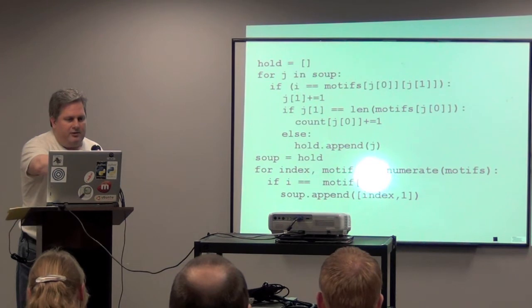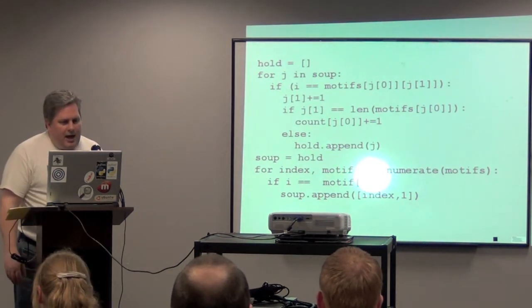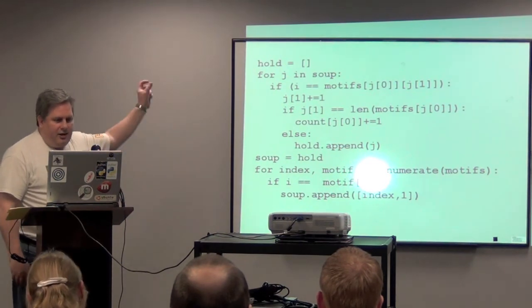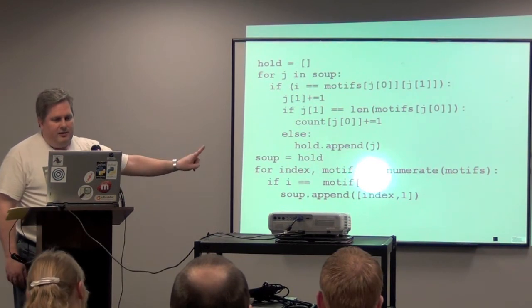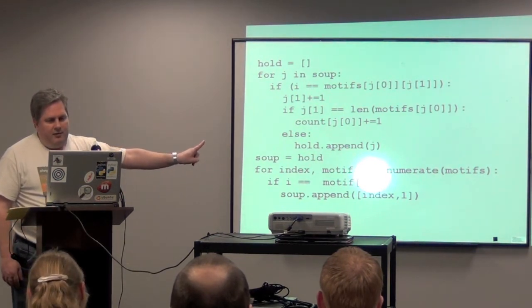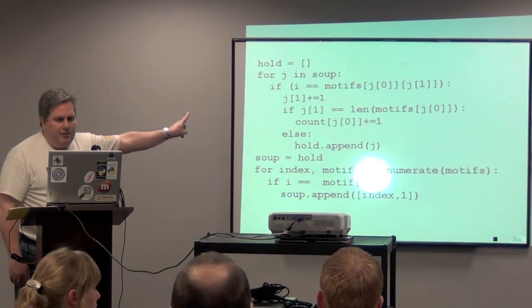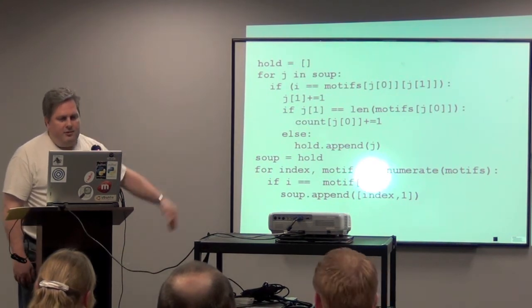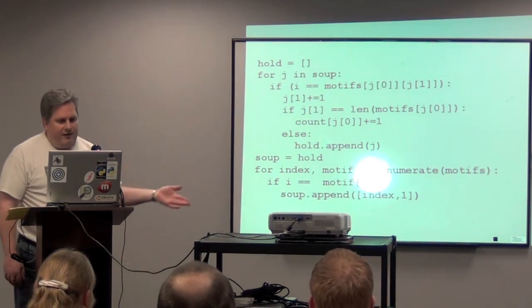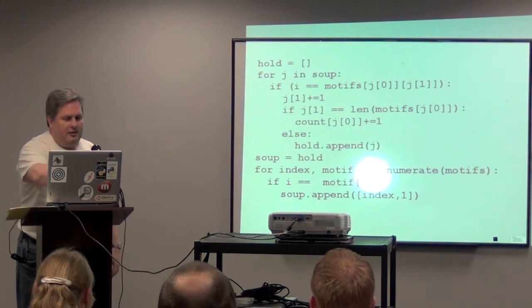So for each one of those in the soup, if the current nucleotide, the current character on the current line in the current file, matches the motif, I've got a pointer to the particular motif and then an offset into that motif, I see if it matches. If it matches, I increment that pointer, then I have to decide whether it's finished or not.